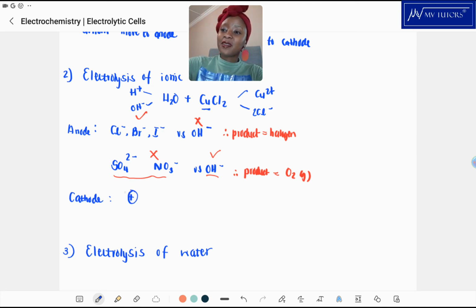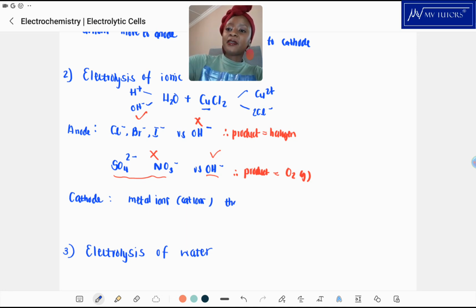Let me put it like this rather: your metal ions, the cations that carry a positive voltage, EMF, potential difference, will be preferred over the H ion.